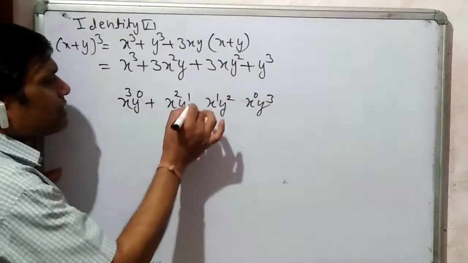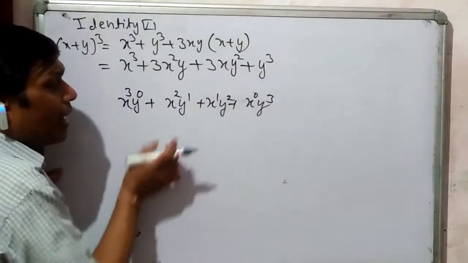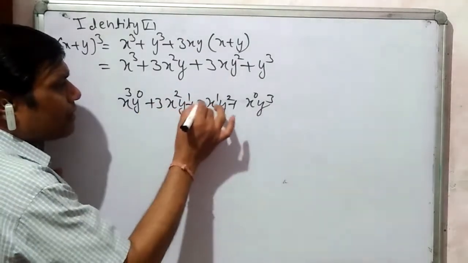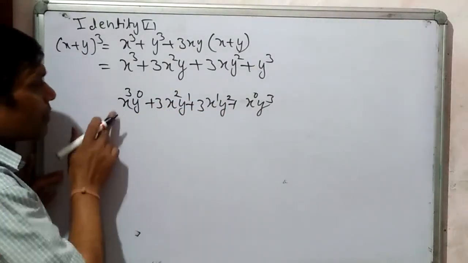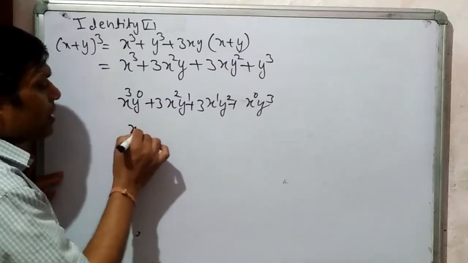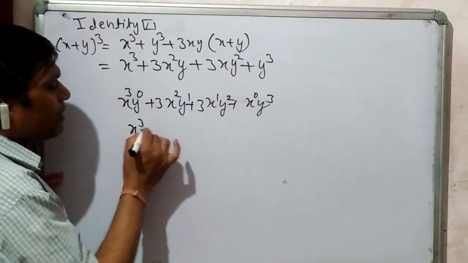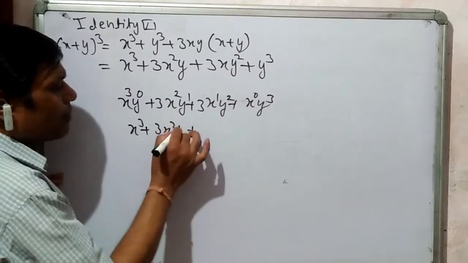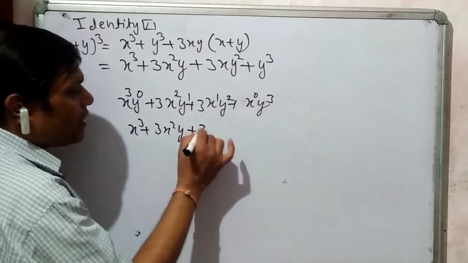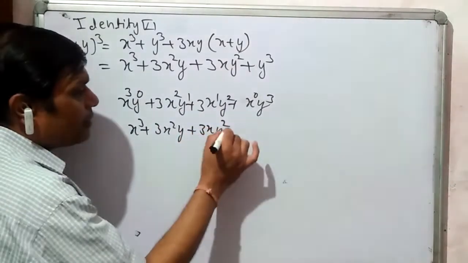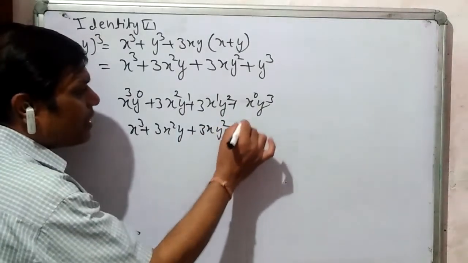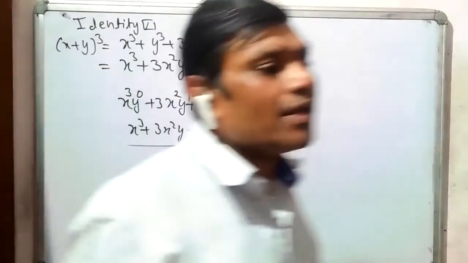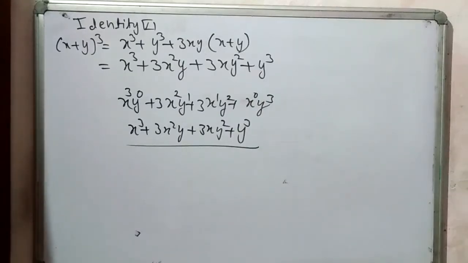Put a positive sign between them. In the middle two terms, put 3 as the coefficient. X cube, y raised to power 0 is 1, plus 3x square y, plus 3xy square, plus x raised to power 0 is 1 and y cube. That is a very easy method of memorizing this identity.